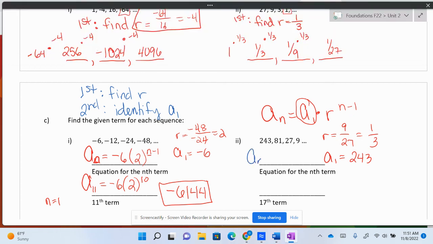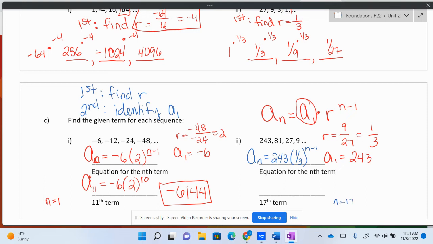So A sub n. Yeah, go ahead, say it. To the n minus 1 power. Make sure we know that we're raising that to a power. Awesome job. Okay, what's the nth term we're trying to find?